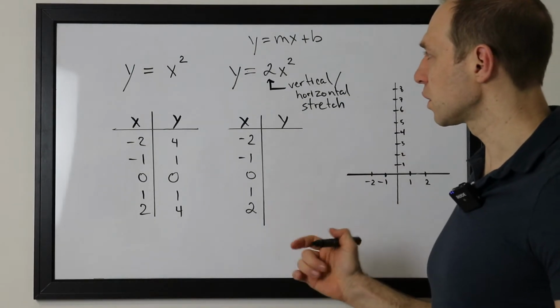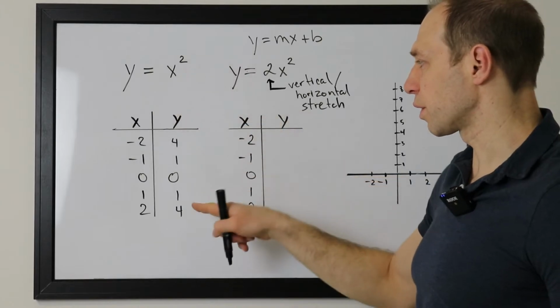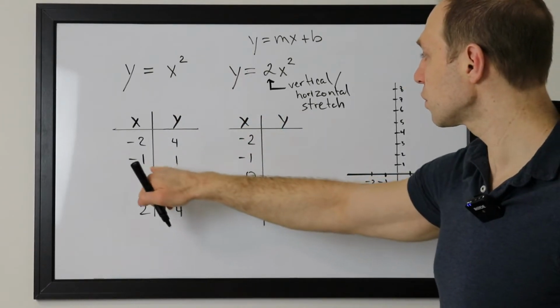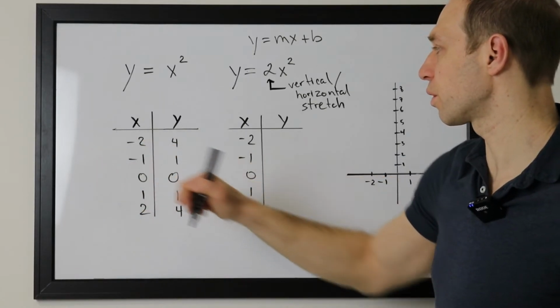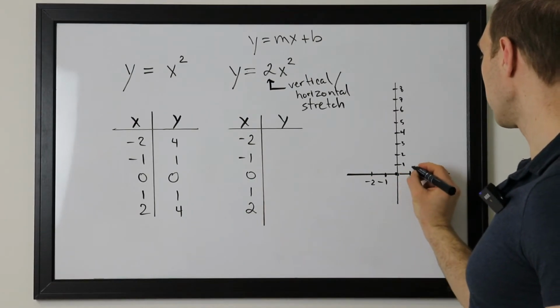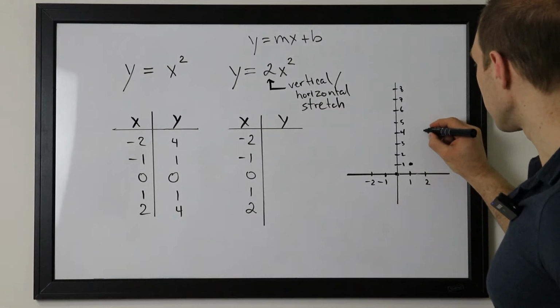Okay, let's take a look. We already had this table of values for y equals x squared, and the parabola looked like this. We're going to graph it. So we can start at 0, do the positive numbers, and then do our negative numbers. When x is 0, y is 0. When x is 1, y is 1. When x is 2, y is 4.